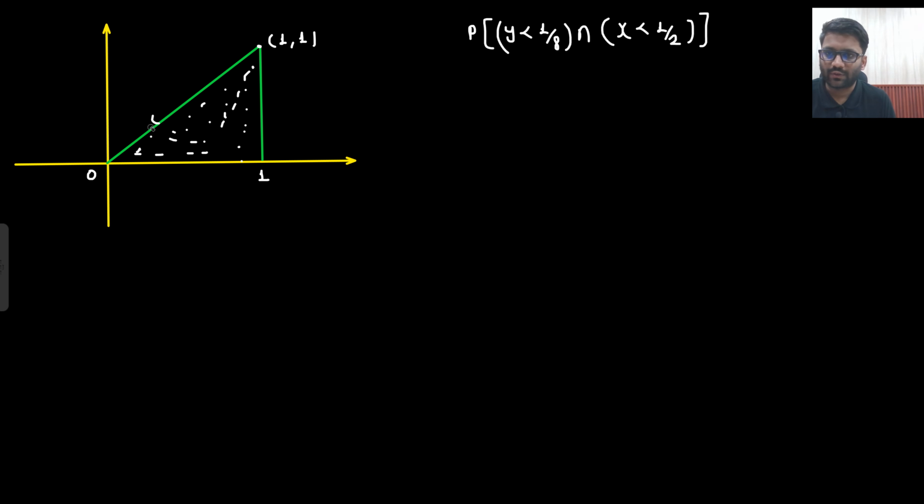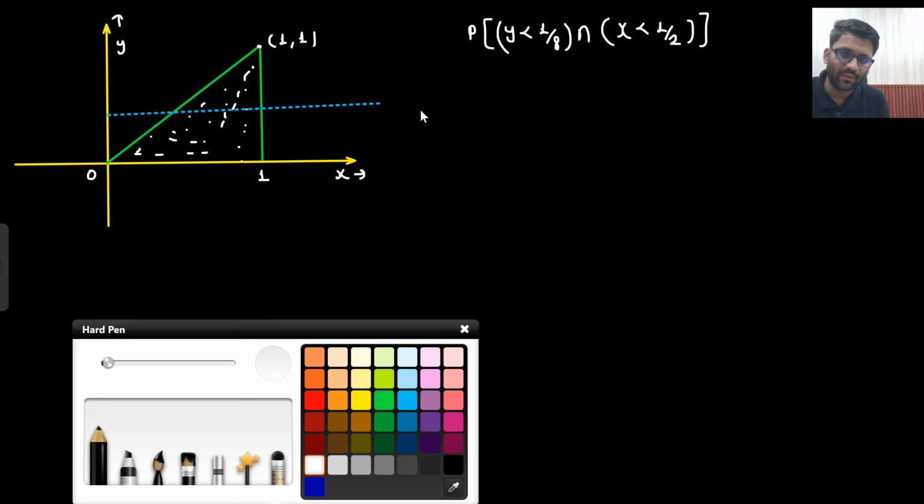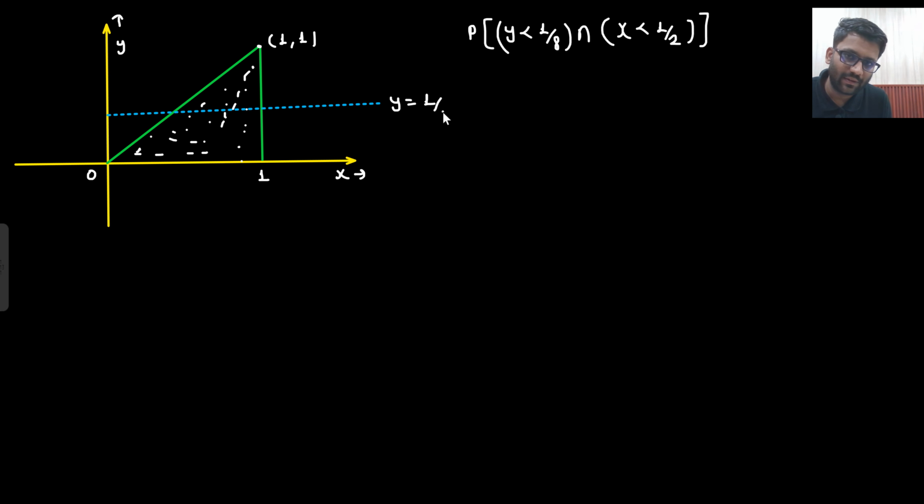Let's remove this as of now. This is my x axis, this is my y axis. So y equals 1 by 8 would be somewhere here. This is your line of y equals 1 by 8. Y less than 1 by 8 means this will be the matter of concern now, and x less than 1 by 2 would be somewhere here.